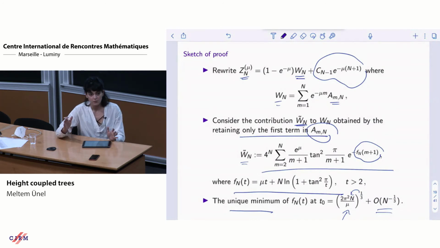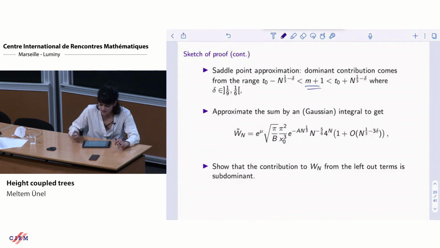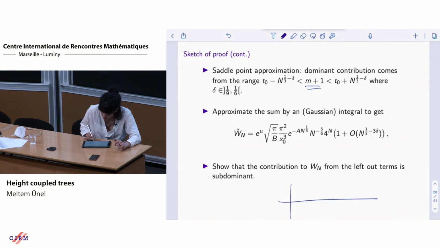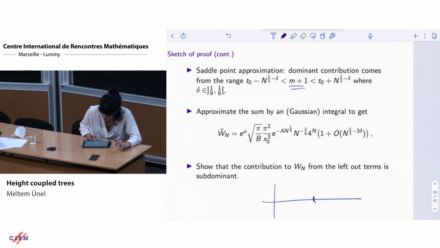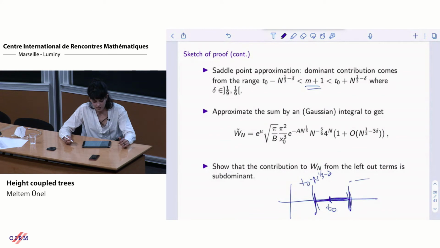Then to apply a saddle point approximation, I'm going to estimate this W tilde n's in the range around T0, where n plus 1 is around T0. This is T0 minus n to the 1 over 3 minus delta, etc. So I'm going to estimate, and the dominant contribution is going to come from here.